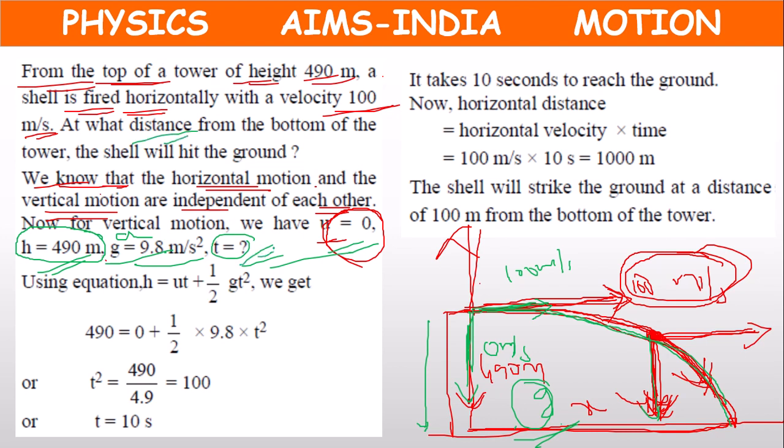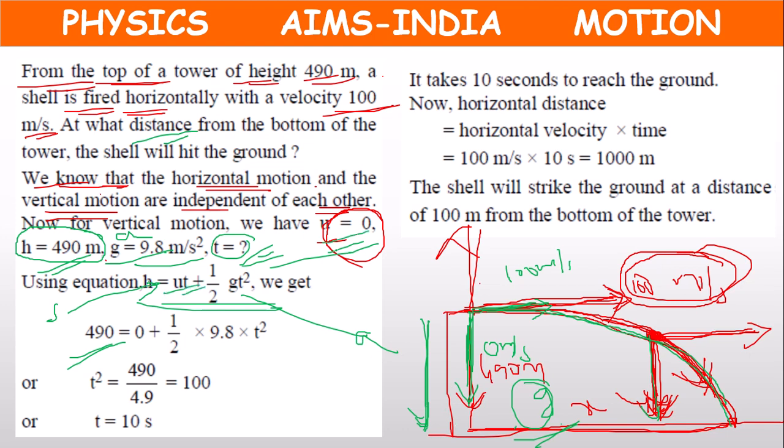Actually we have to find the distance, but let's find time first. So we have the equation s equals ut plus half at square. In the place of s we are keeping h, in the place of a we are keeping g. So h is nothing but 490 meter, the vertical distance covered by the body while reaching the ground.